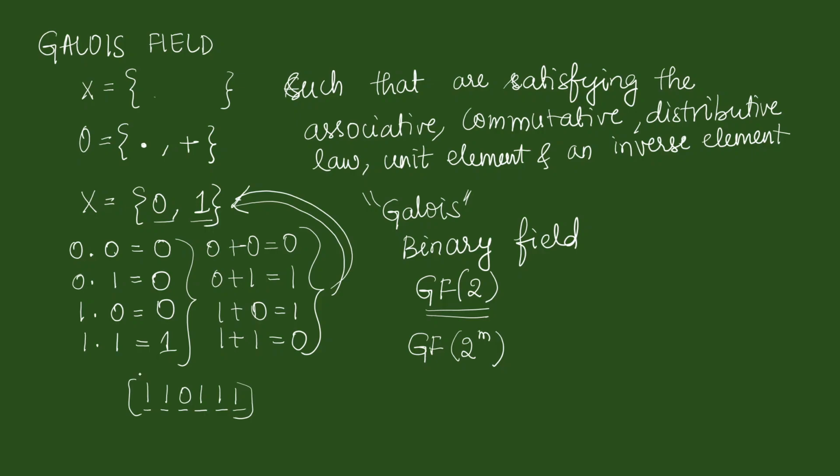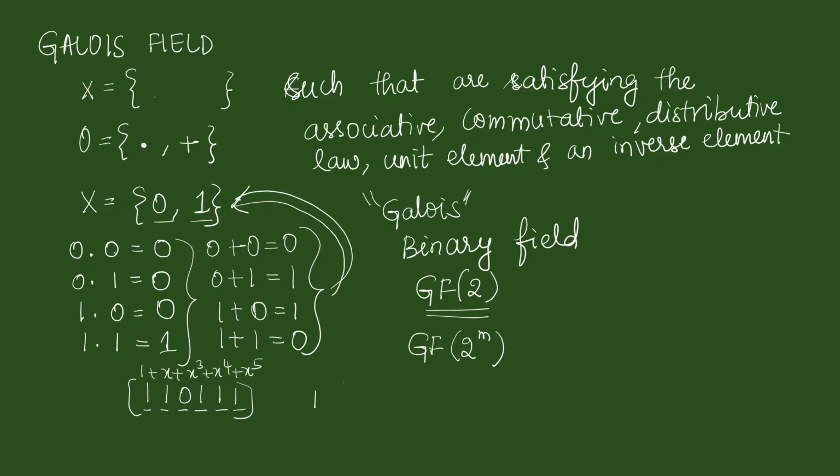In polynomial, I can write this as 1 plus x cube plus x raised to 4 plus x raised to 5. So we know that there are totally 6 bits which can be represented in polynomial like this, or in time domain like this, or I can also write this in an n dimensional vector space.